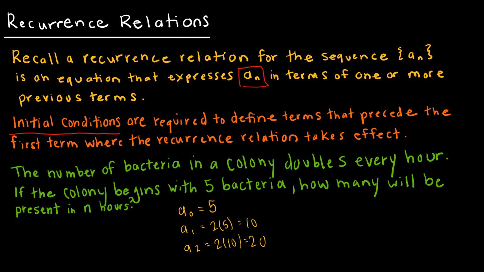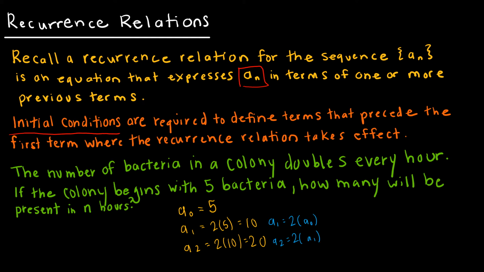What I'm looking for is how am I going to express this in terms of whatever happened before. So if I were to write my recurrence relation, I know that when I found a1, I was taking 2 times a0. And when I found a2, I was taking 2 times a1.